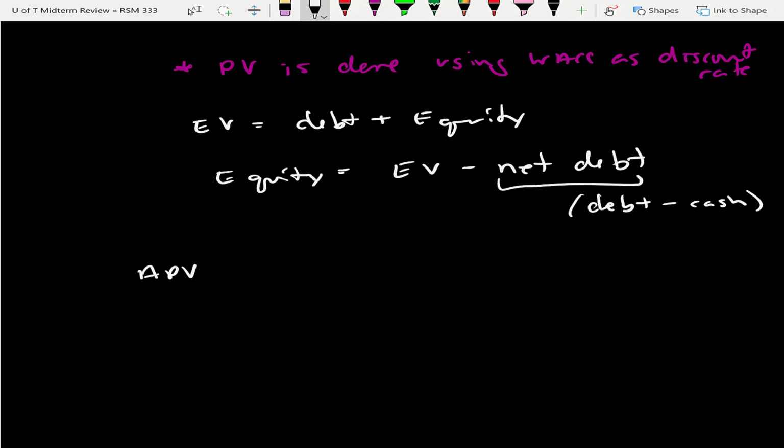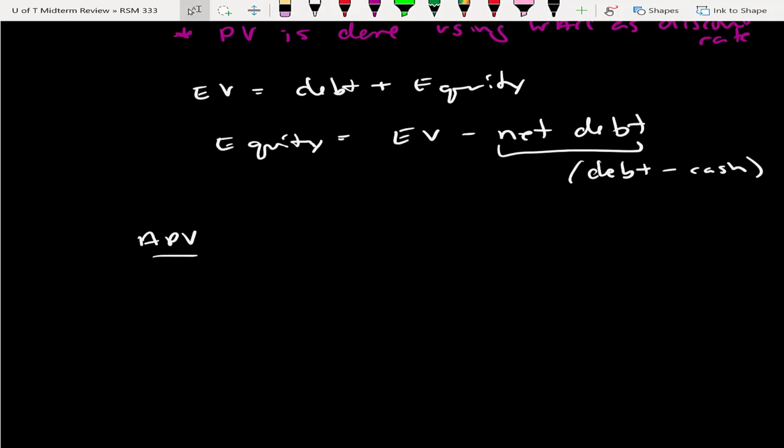APV is similar. It is you take the present value of the cash flows of the free cash flow again. Everything exactly the same way, except one difference is, actually let's go through the whole thing.